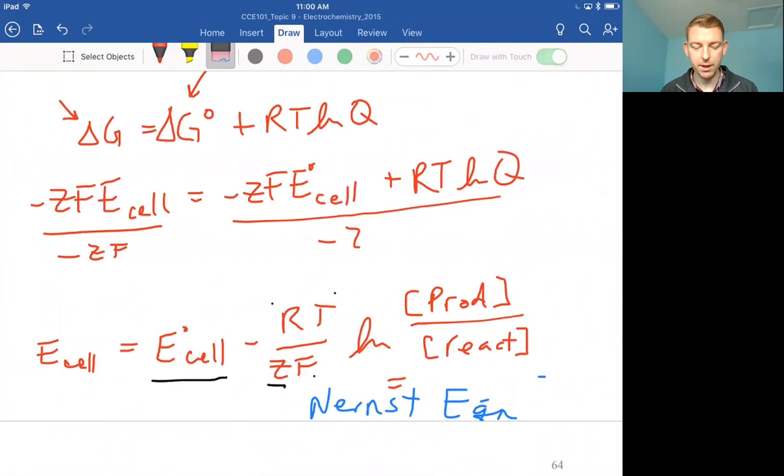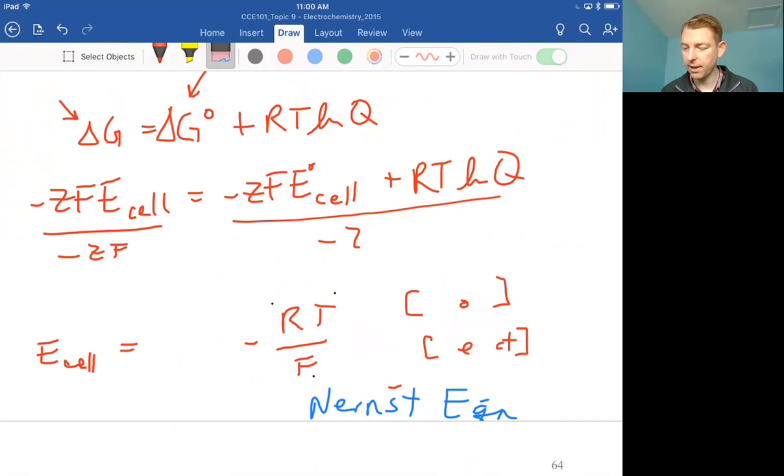Okay, so for the E cell, we had a value of 0.76. For z, we're going to fill it in with 2. And the ln of the products over the reactants, we have a value of -7.6286.